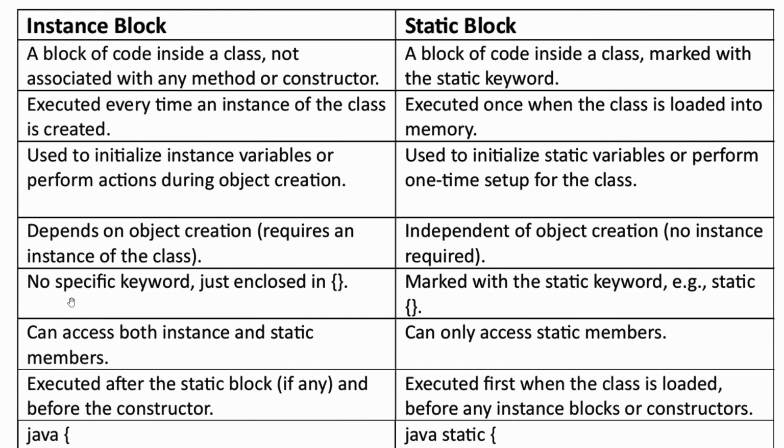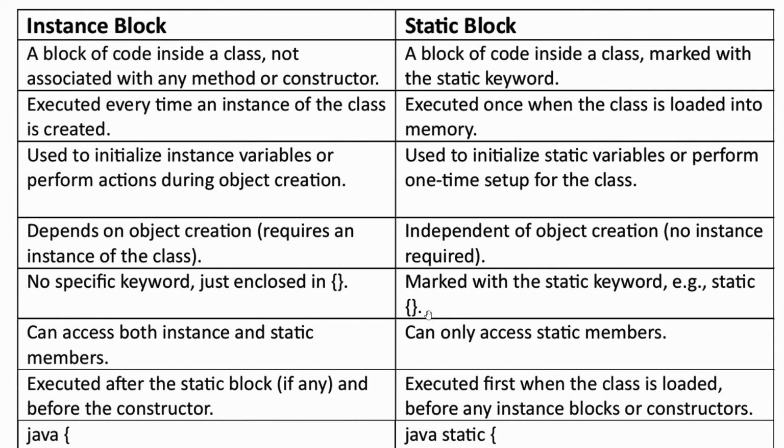The next point is the keyword. A static block is enclosed in curly braces and marked with the static keyword, for example, static followed by curly braces. An instance block does not have any specific keyword, it is just curly braces. If the code is written simply in curly braces, then we can say that it is an instance block.